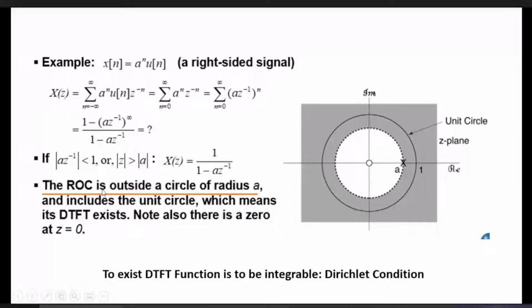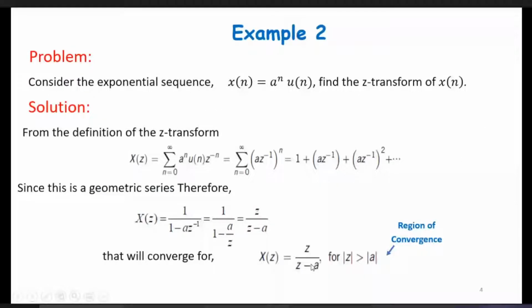So the DTFT exists, but I am not explaining it now because you will not understand here. And you see that it is z by z minus a, so it has one zero and one pole.